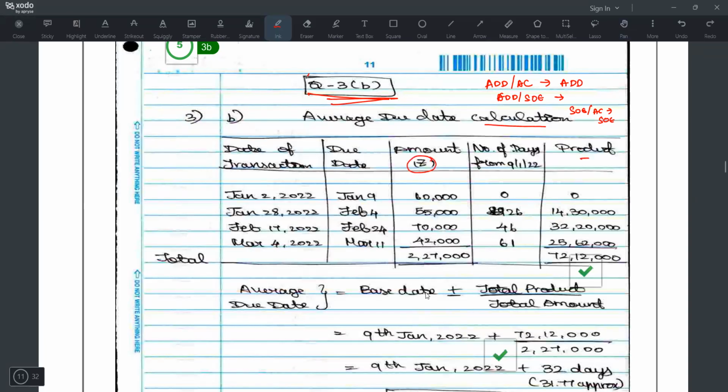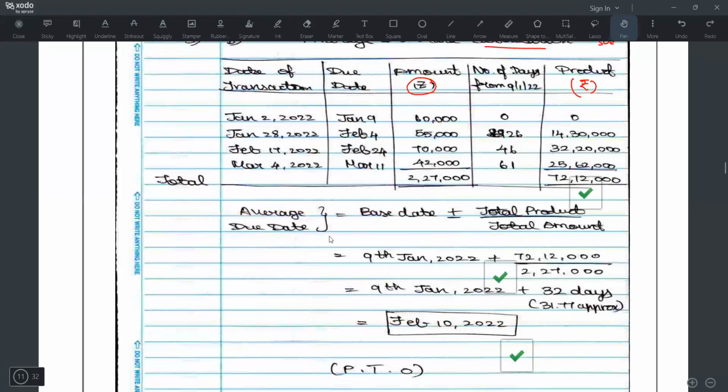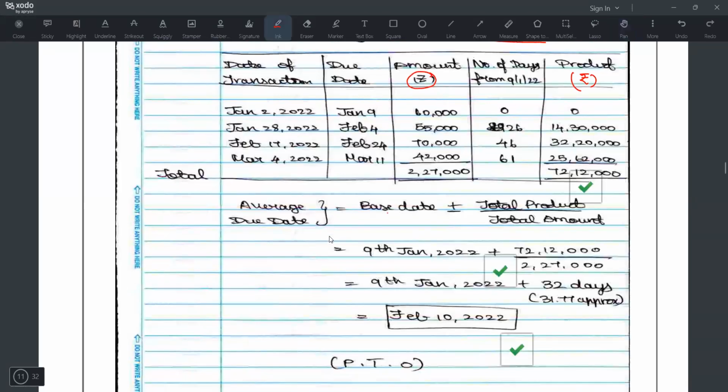Then product, he has missed the rupee, so product also should have rupees. Then base date, plus or minus you should put. Then total product by total amount, inside you should write days. Then 9 days, again you need to write days. Then it will be 31.7 days approximately.